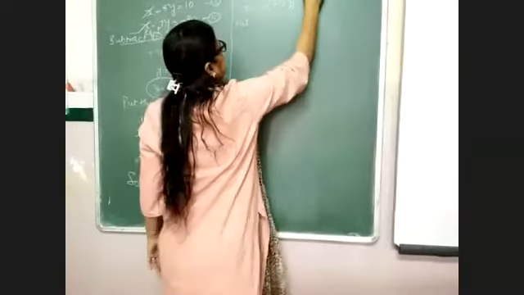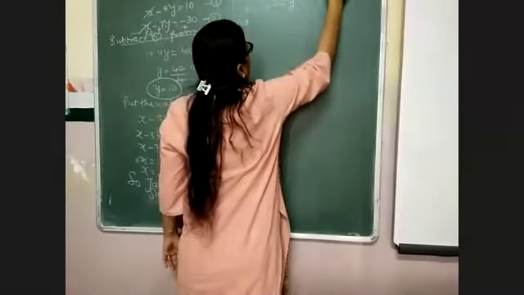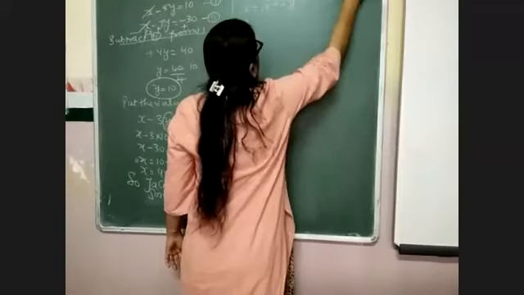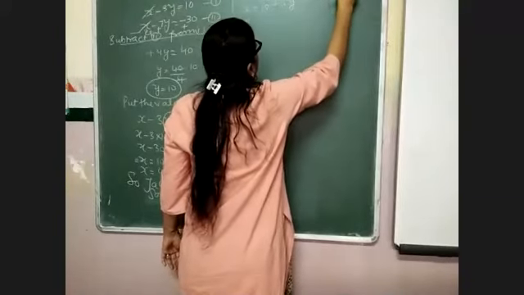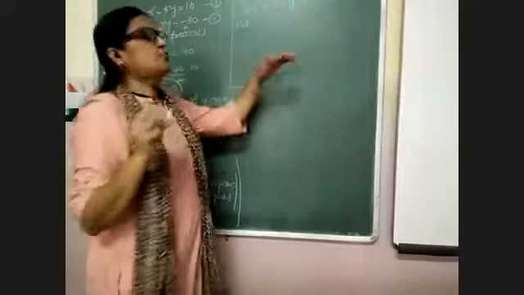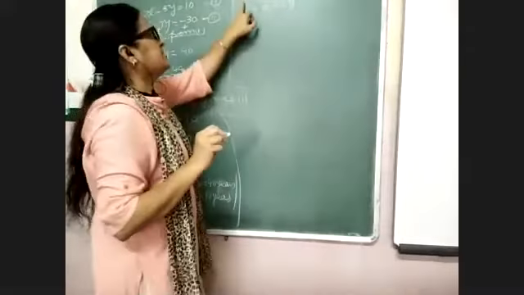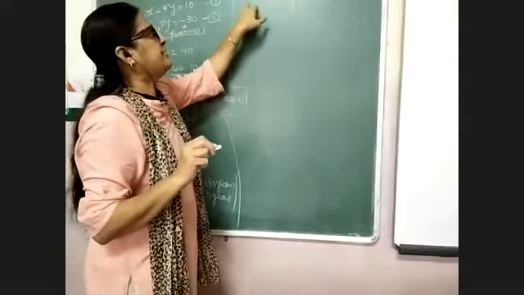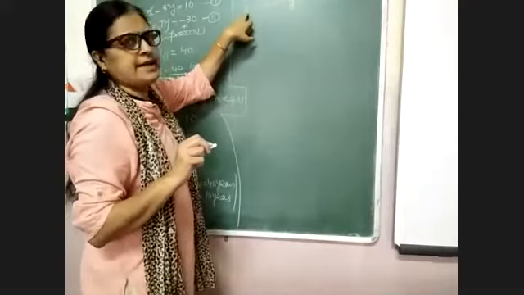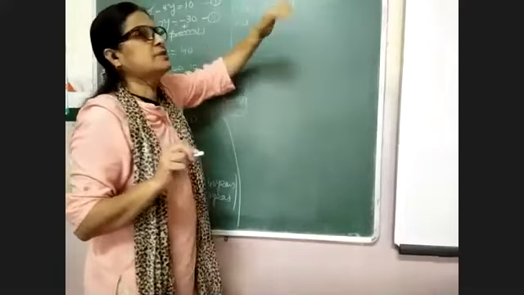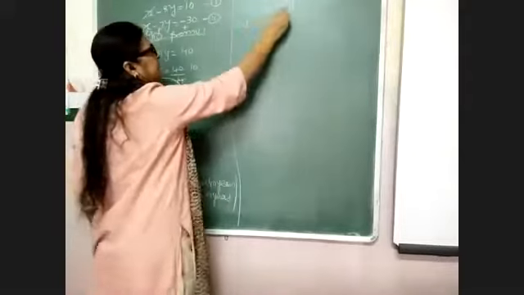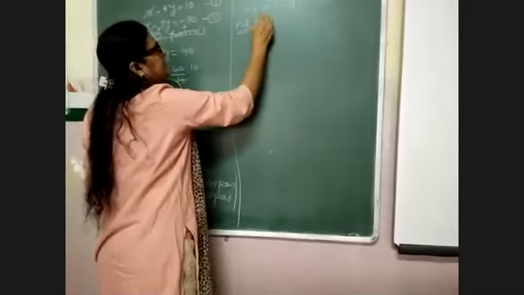This is your substitution method, which I already told you yesterday. Now I am telling you both the methods. So first take out one value. I put here x, and 3y transposed to the right hand side, so 10 plus 3y.